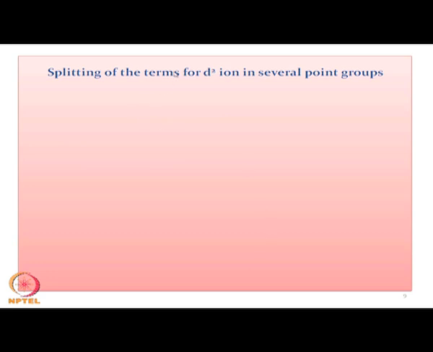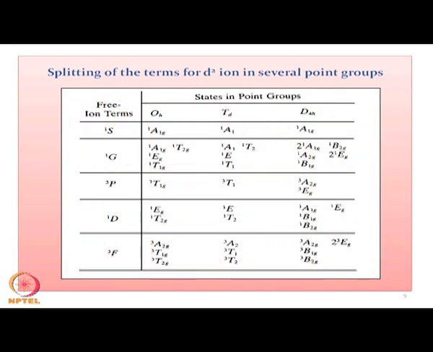Now, let us see the splitting of the terms for the d2 ion in several point groups. What are the terms we can have for a d2 ion, and the splitting of its terms in the different point groups? The free ion terms we can find for the d2 ion are 3F, 1D, 3P, 1G and 1S.